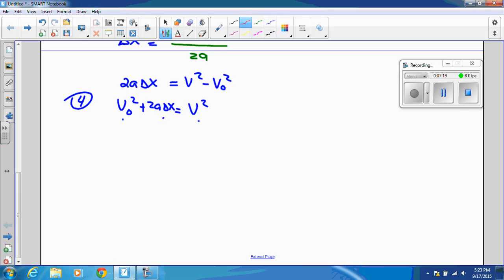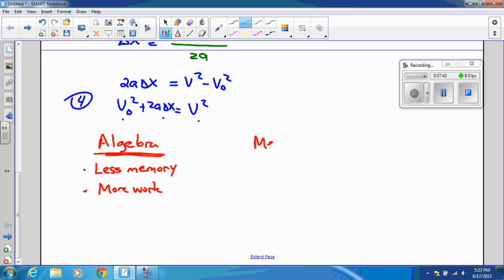Let's consider the downsides and the upsides. If I only memorize my first two equations of motion and rely on algebra, then the upside is less memory required. That's always a good thing. On the other hand, it's more work to use my two equations to get where I want to go.